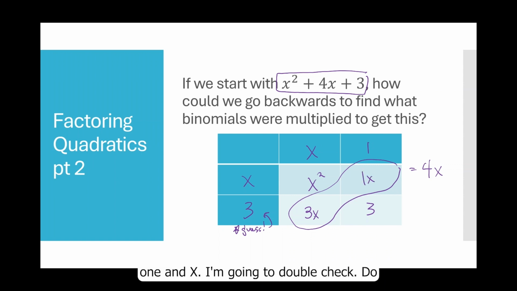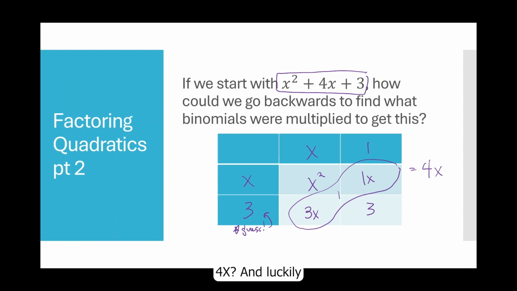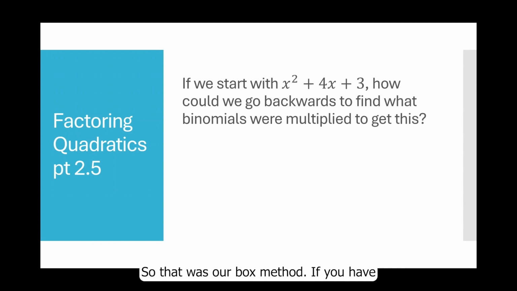And I'm going to double check, do these add up together to give me 4x? And luckily, they do. I'm in good shape so far. So how do I find what I actually just factored to get my x squared plus 4x plus 3? I'm going to look on the outside of my box. I have up here x plus 1, and down on the side I have x plus 3. So that was our box method.